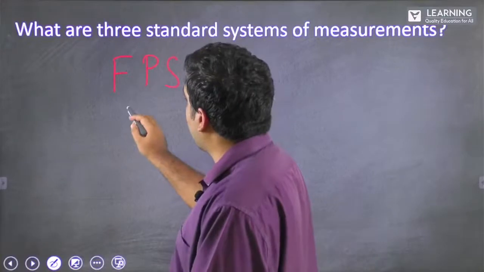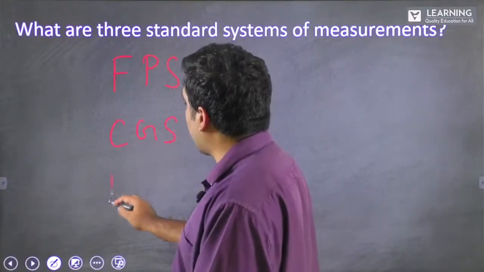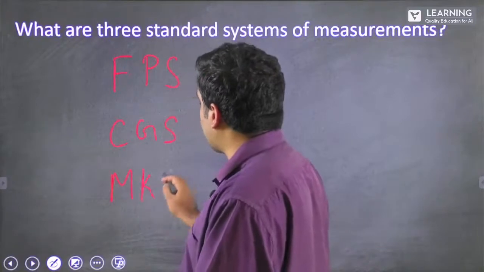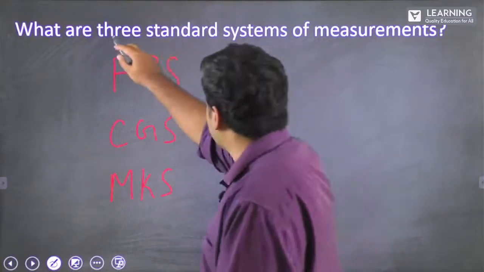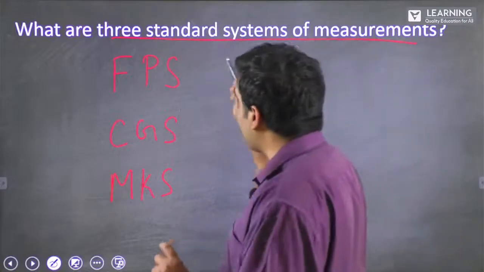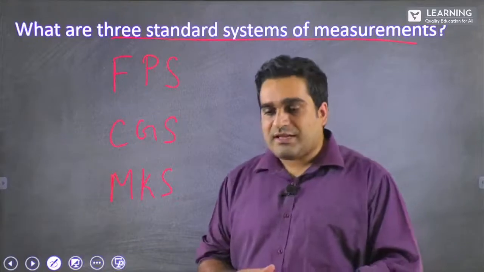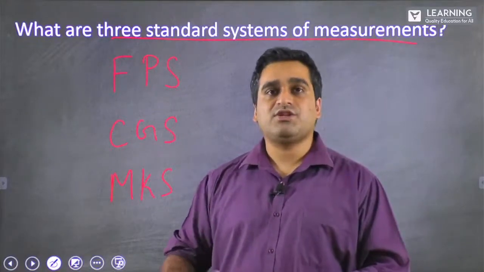FPS. Then you have CGS and MKS. So these are the three standard systems of measurement. Let me explain to you again what is meant by three standard systems of measurement. Measurements that can vary from one nation to another.